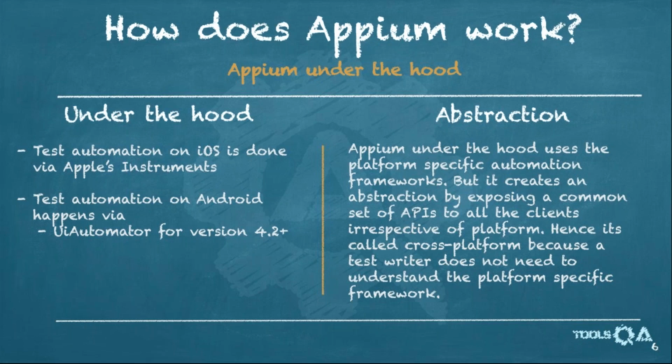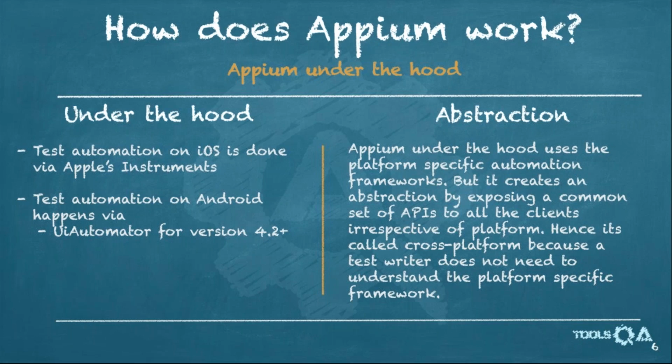Appium under the hood uses the platform-specific automation frameworks, like Apple Instruments and UI Automator. And it creates an abstraction by exposing a common set of APIs, something which you're going to use for your test scripts to work on.